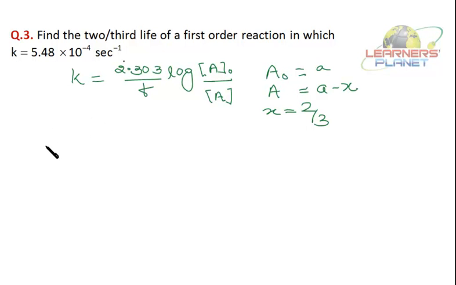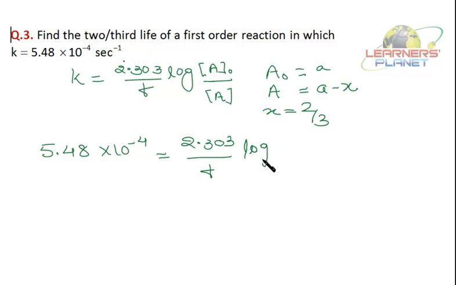So the K value here is 5.48 into 10 to the power minus 4, that is equal to 2.303 by T log of A by A minus 2 by 3A. X is 2 by 3A, and T is T 2 by 3. Fine.